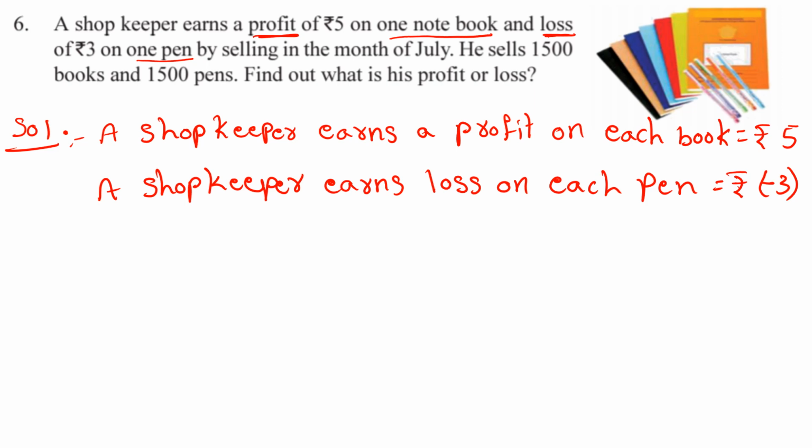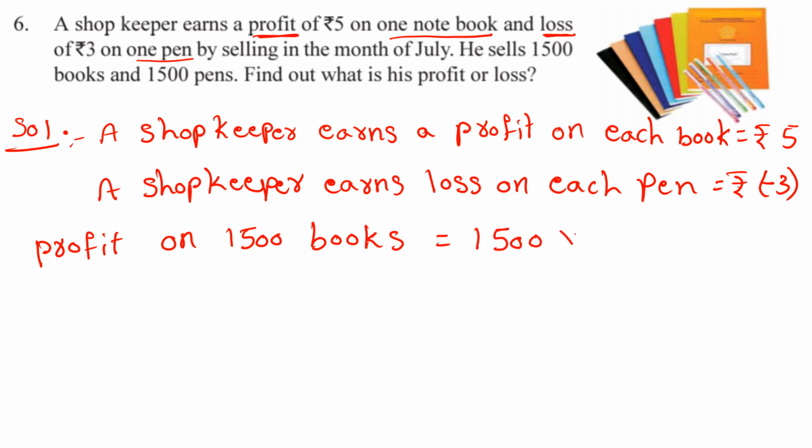Now write here profit on 1500 books. Profit on 1500 books he gets is equal to 1500 into 5, that equals 7500 rupees.